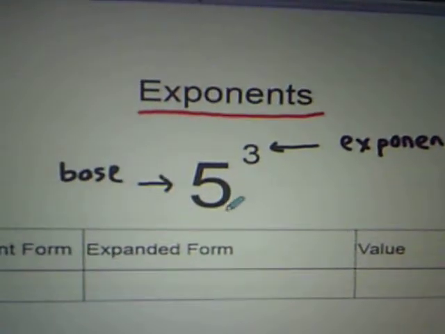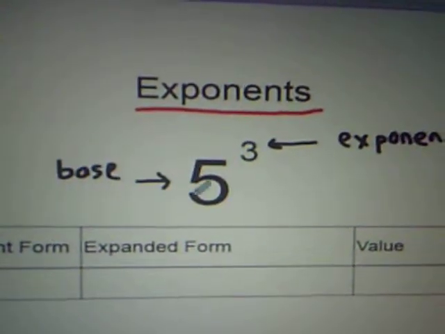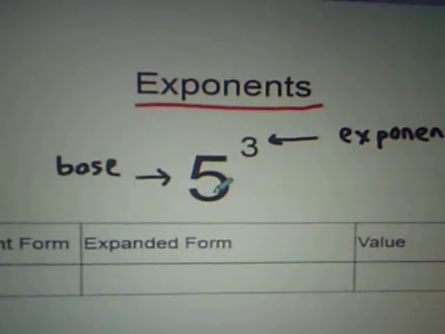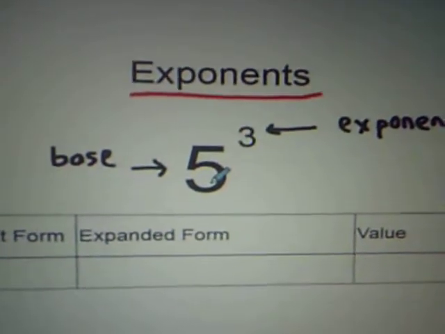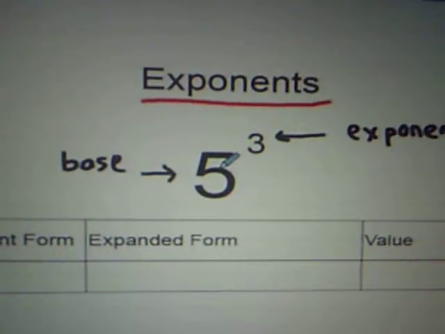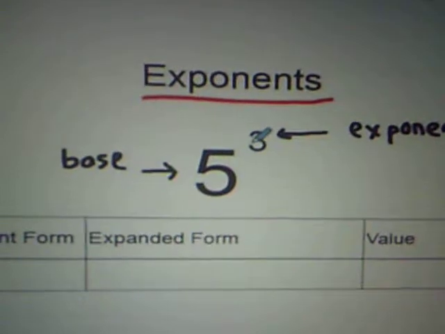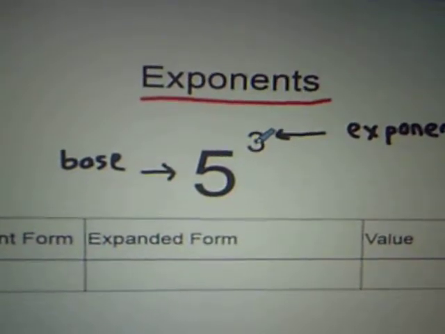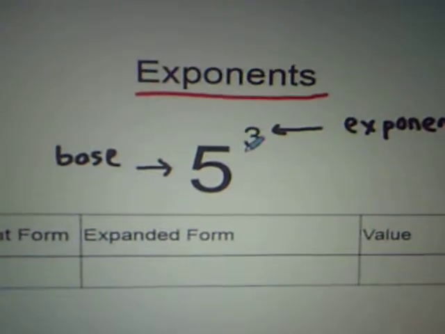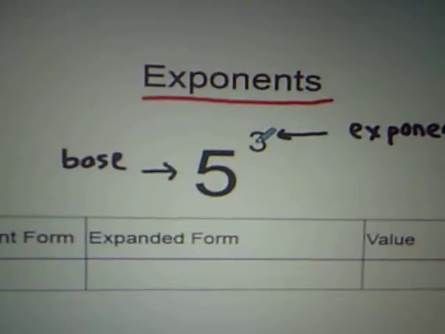But for right now, we'll see we have two numbers. We have this number, which is the 5, and this is called the base number. This number can change. It's usually written larger in size than the exponent, and the exponent is usually written smaller in size than the base number, and it's written to the right and up a little bit.